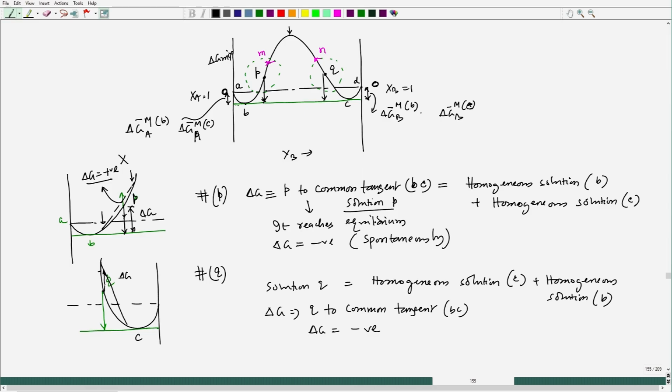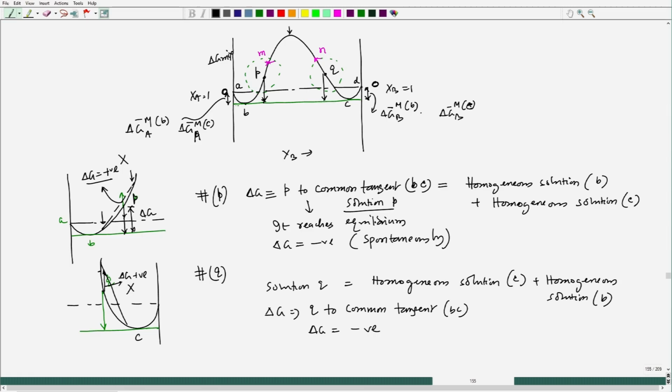In this case delta G is positive, so this is not a feasible transformation. The transformation can only happen if we take compositions between B to M as well as N to C. All those compositions will break into two homogeneous solutions in equilibrium, falling on a common tangent, with compositions B and C.